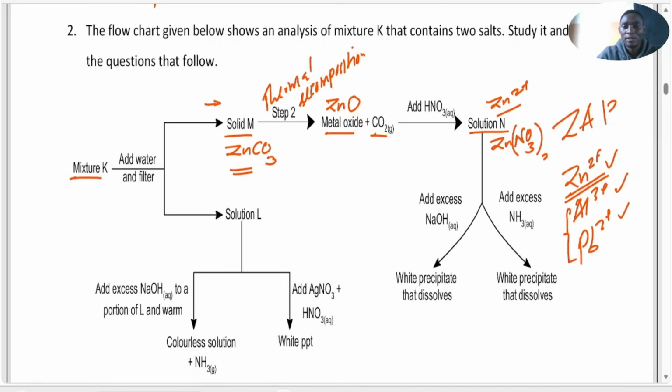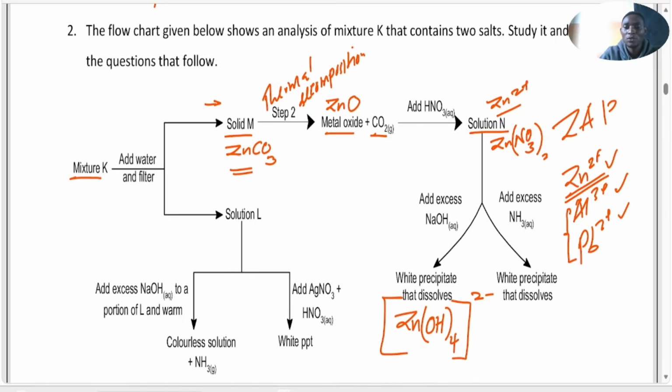You need to understand that when zinc ions dissolve in excess sodium hydroxide, we will always form zinc tetrahydroxozincate, a complex ion. This comes when we add sodium hydroxide to a precipitate of zinc hydroxide.